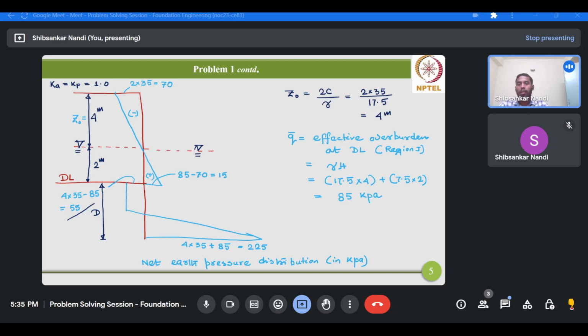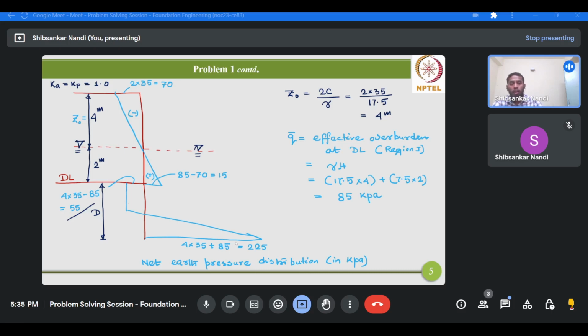It starts from a value of minus 70 at the top of the wall, then it has a value of 15 on the right hand side at the dredge level, and then it becomes 55 on the left hand side at the dredge level. The net earth pressure then remains constant after a certain depth, and then it switches from left side to right hand side with a value of 225 kPa at the base of the wall. So this completes the net earth pressure diagram on the given cantilever sheet pile wall in purely clay deposit.